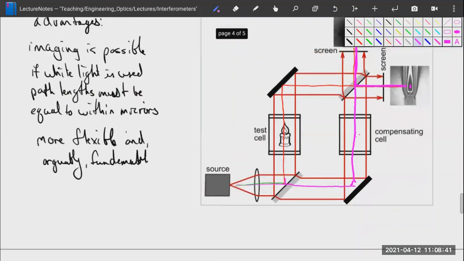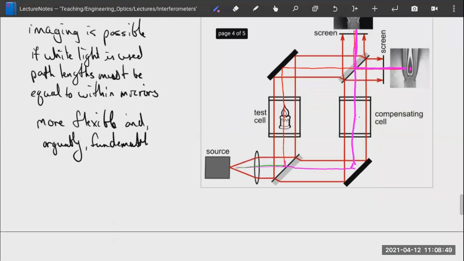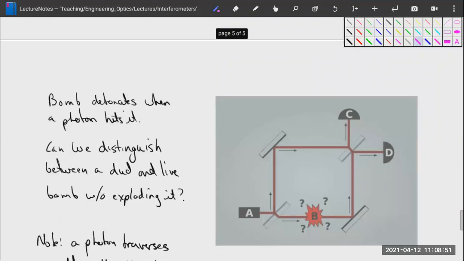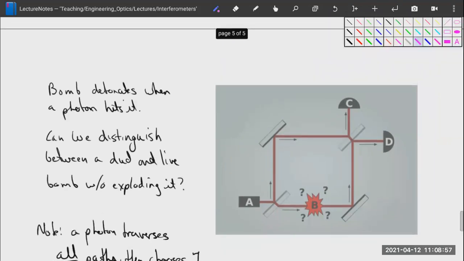And this is basically fundamentally how an interferometer works, the most pure form of an interferometer, if you ask me. And the last thing we'll talk about is a really interesting use of the Mach-Zehnder interferometer, which is a way to detect if a bomb is working or not.